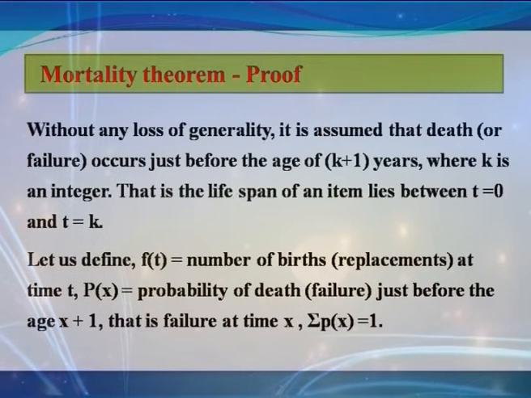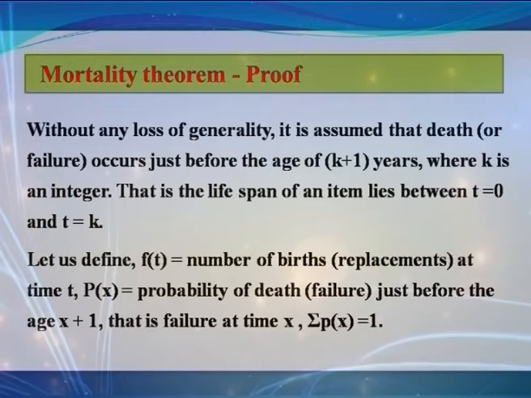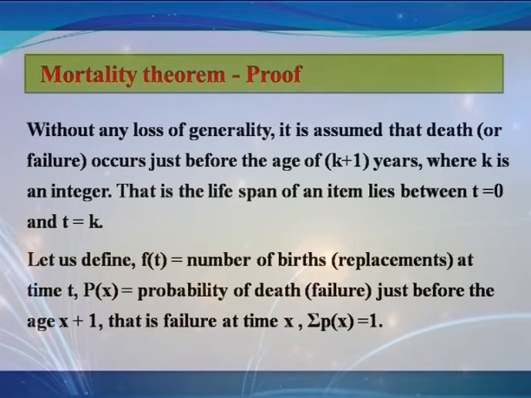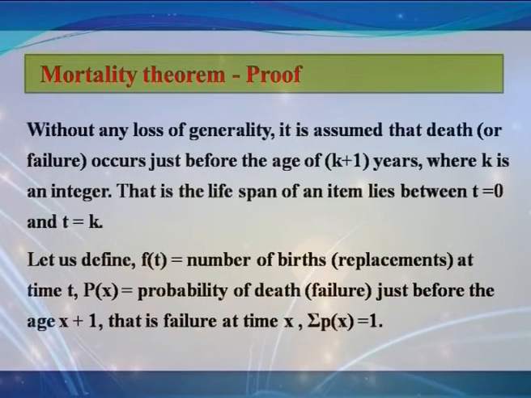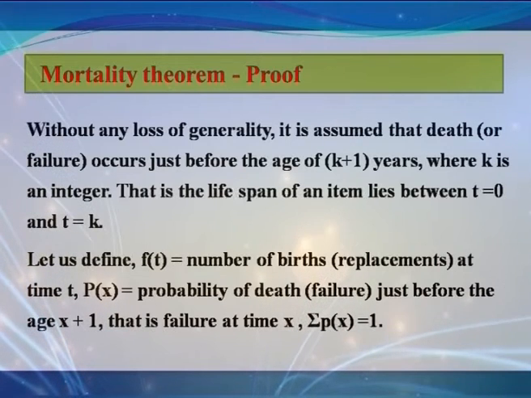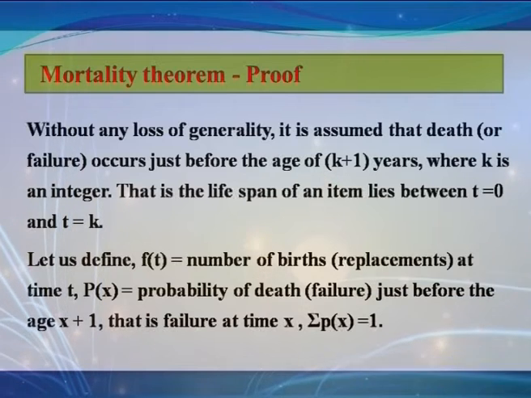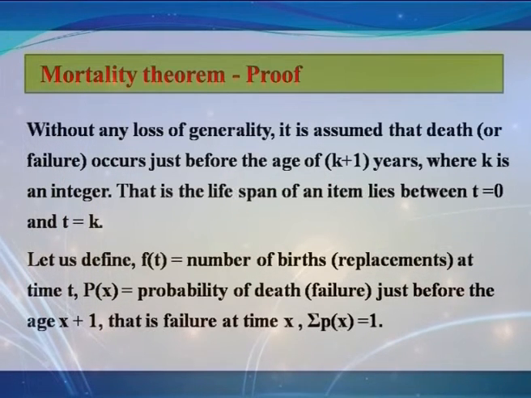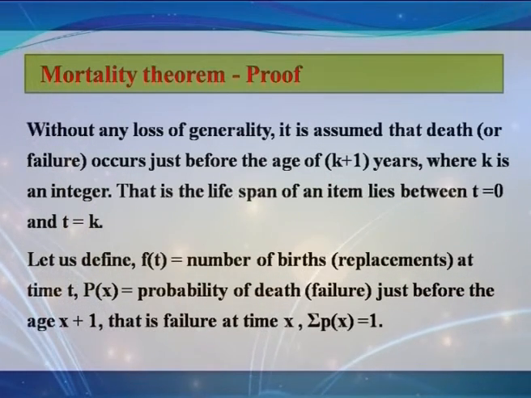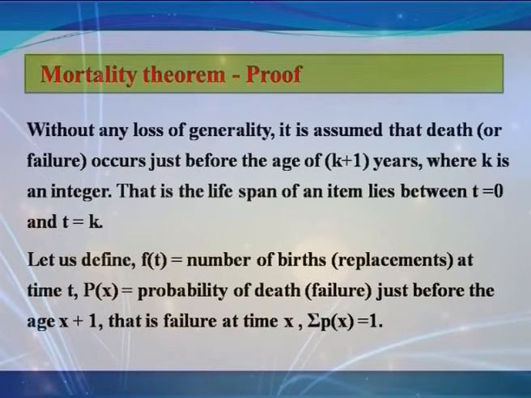Let us define f(t) as the number of births or replacements at time t, and p(x) as the probability of death or failure just before the age x+1, that is, failure at time x, and summation p(x) = 1.